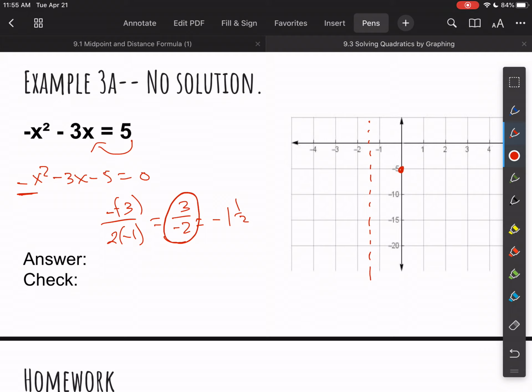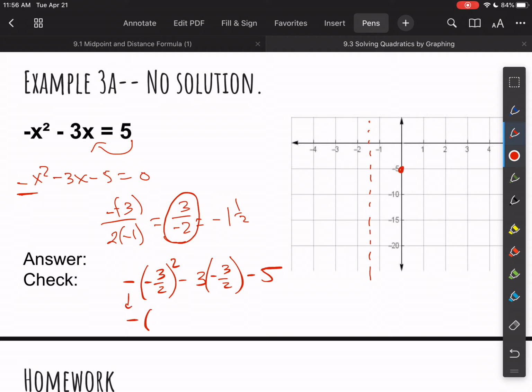But anyway, let's plug it in. So we have negative parentheses negative 3 halves squared minus 3 times parentheses negative 3 halves minus 5. Okay, so if I do this, negative 3 halves squared gives me, since this negative sign is here, I'm going to keep it.